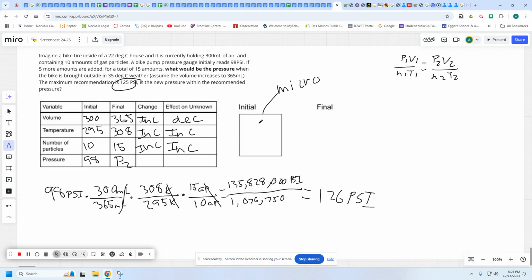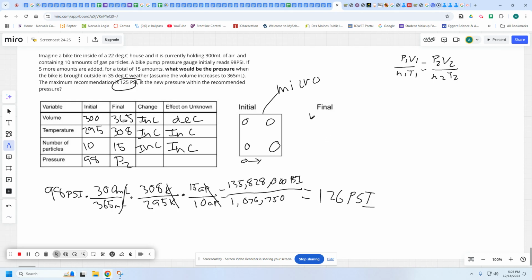So in the initial state, I have some amount of particles, 10 amounts, but I'm just going to represent that with like 4 particles. I know the temperature is less in the beginning, so I'm going to draw an average EK arrow with a smaller arrow, knowing that I've got to increase it in the next state.